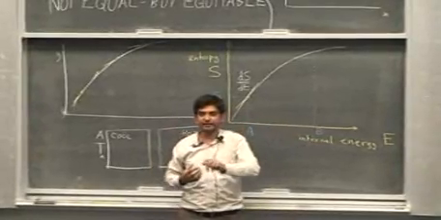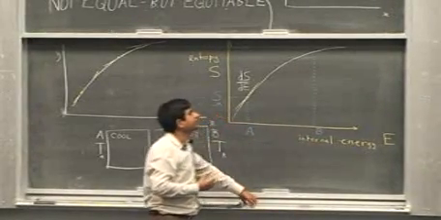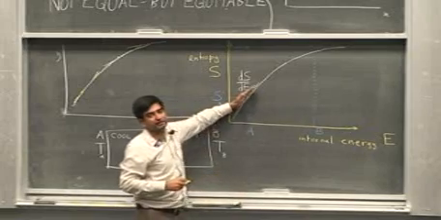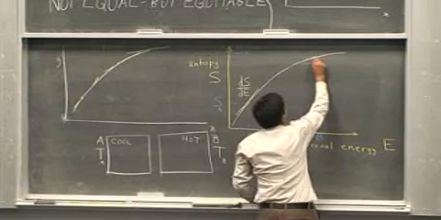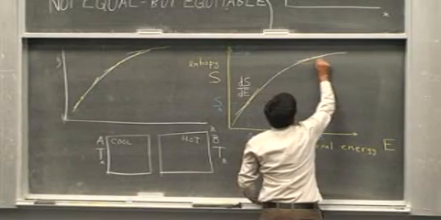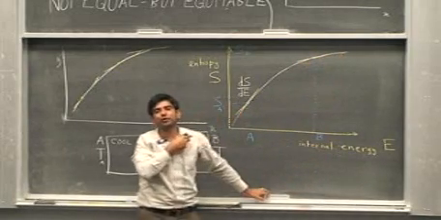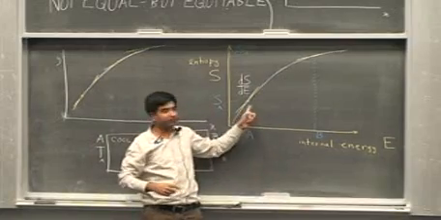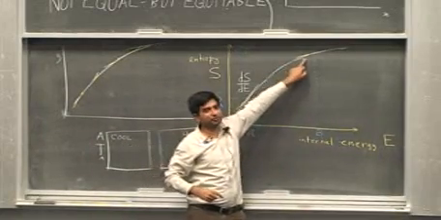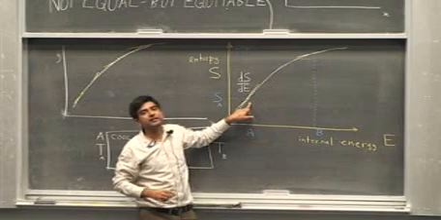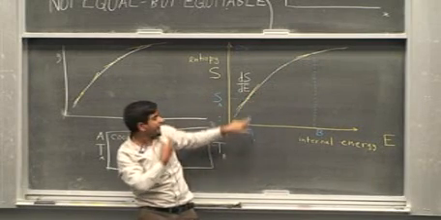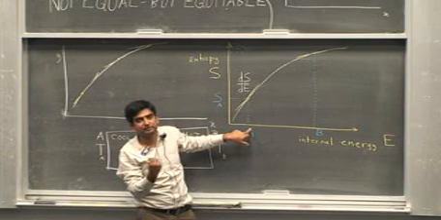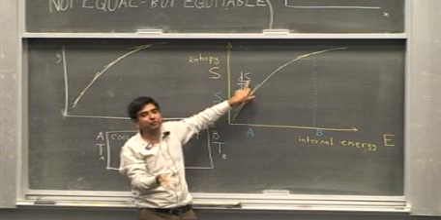And there's a reason behind it. The reason is that there's a slope here. And then there's a slope here. Which of these slopes is larger? This one. This is a smaller slope. What does the slope mean? The slope means if A absorbs energy, how much will its entropy go up?